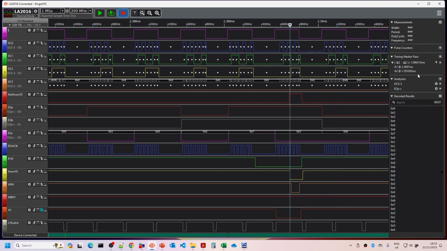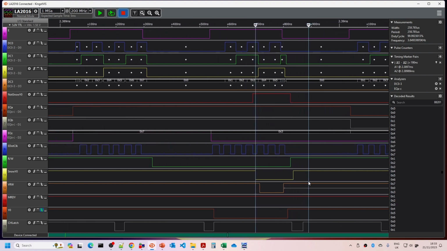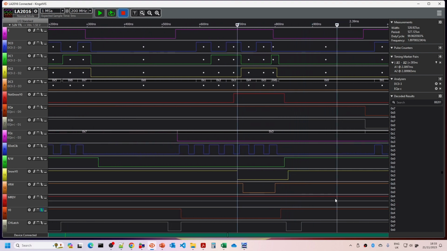So if we just put the markers here to the Y0, we can see here that the snow Y0 is obviously quite a bit narrower than the original Y signal, and the video read write is obviously within the snow period.